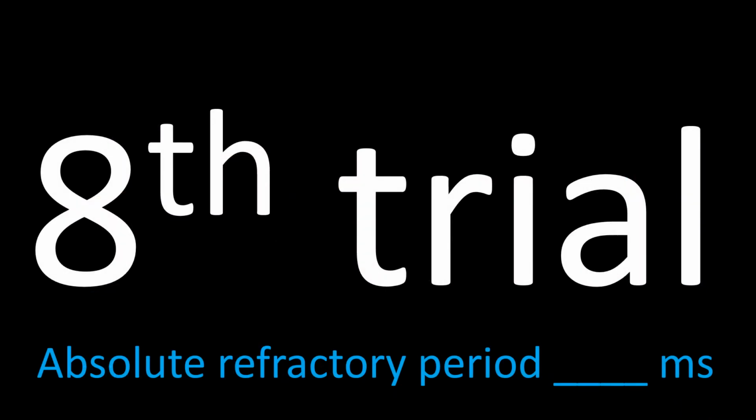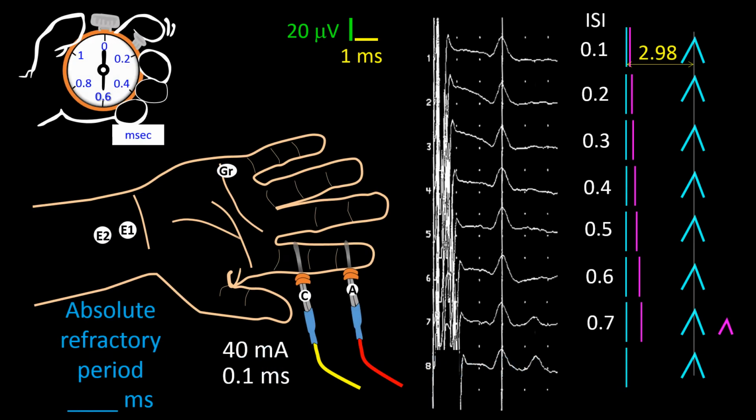Now we go to the eighth trial. The first stimulus parameters and results are unchanged. The second stimulus, given 0.8 milliseconds after the first, produces a second potential of a slightly shorter latency and higher amplitude.